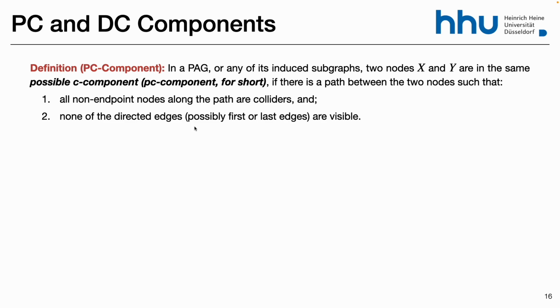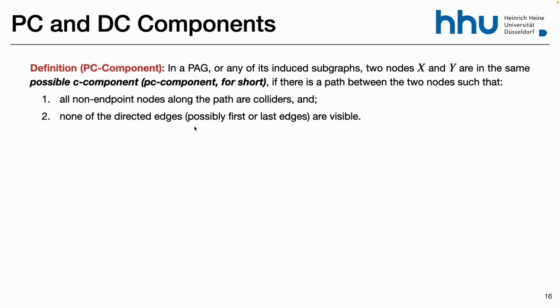And a C component is a fully bidirected path, right? It has only bidirected edges. And in the middle, you are certain that they are all colliders. So we have the first condition. And the second condition is about the first and the last edge. The only thing that we can get is a possibility of being this bidirected edge. So either it is a directed edge that's not visible, or it is already a circle, or it is already a bidirected edge.